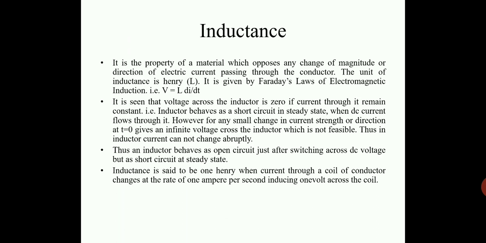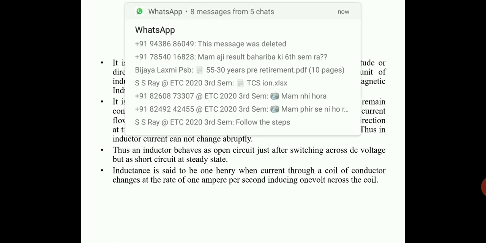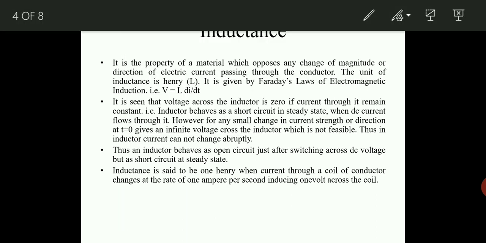Then what is inductance? It is the property of a material which opposes any change of magnitude or direction of electric current passing through the conductor. The unit of inductance is Henry. It is given by Faraday's laws of electromagnetic induction, that is V is equal to L di by dt.